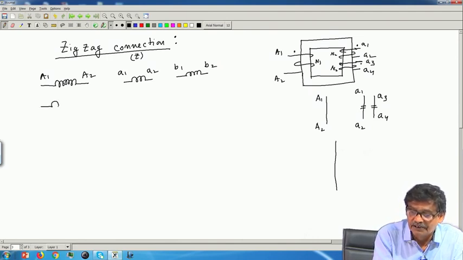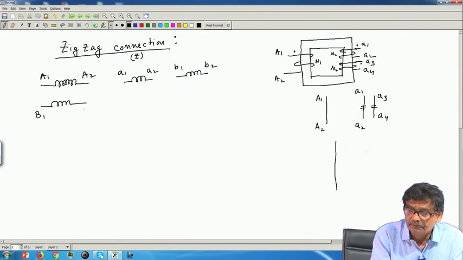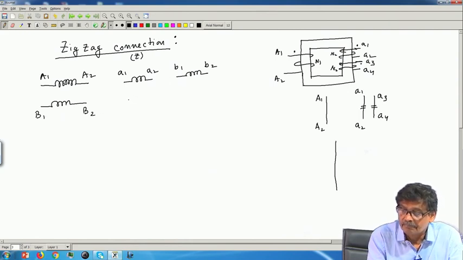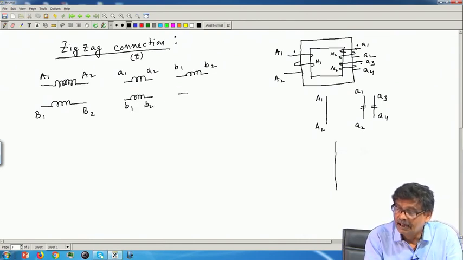Then for B phase, b1 b2, and it will also have two coils, b1 b2 and b3 b4.